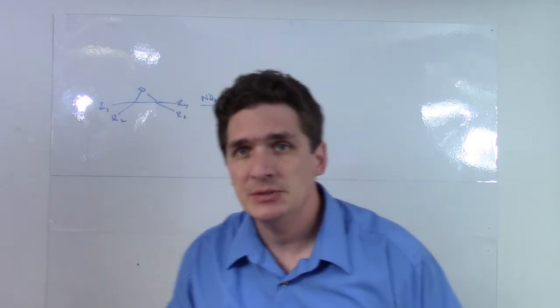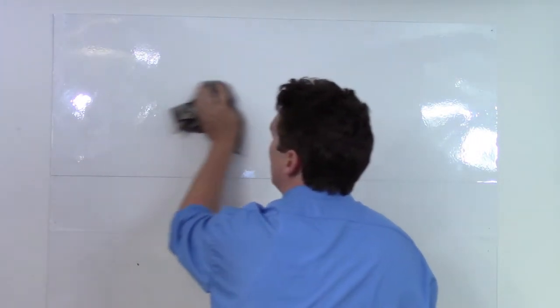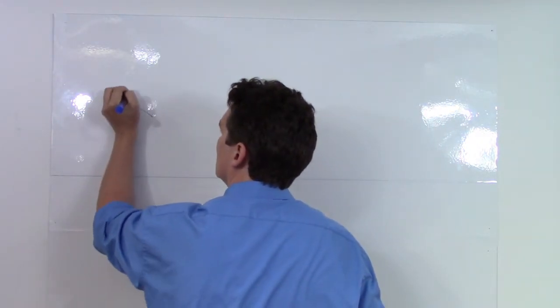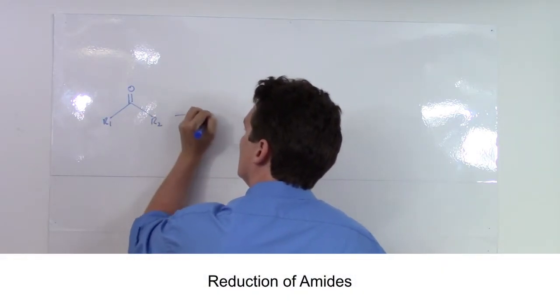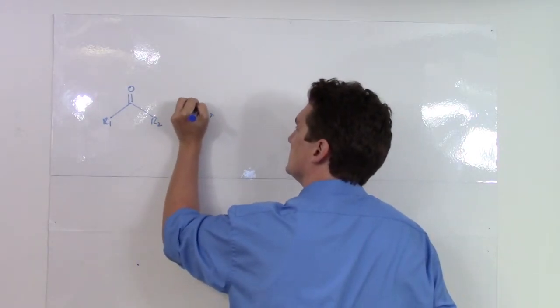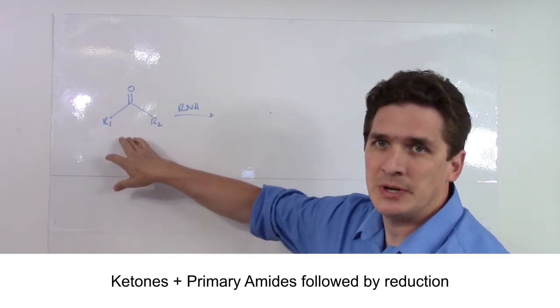Now, the last option we have, and this is talked about more in another video, is we can make the amide and reduce it. So if we have a ketone, we can add something like a primary amine to this. And the primary amine does not actually react to produce an alcohol.